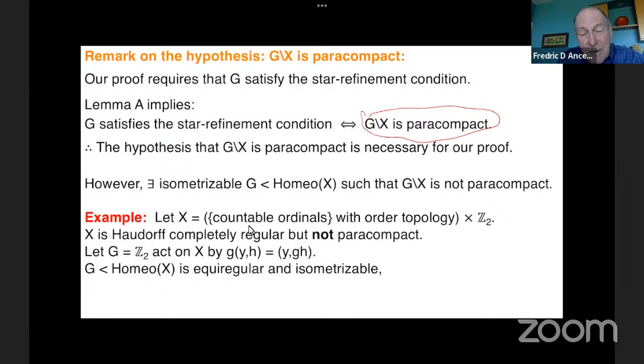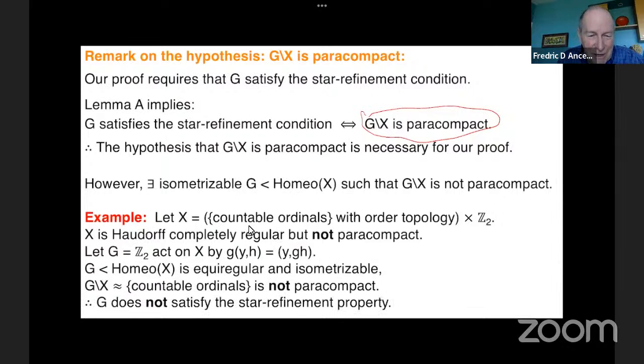And you can fool around and see that this group will be isometrizable, but the orbit space is not paracompact. So it's not hard to come up with examples that are outside of the theorem that I proved. And so I believe that there ought to be some theorem out there that applies in this more general setting, but I don't know what it is.